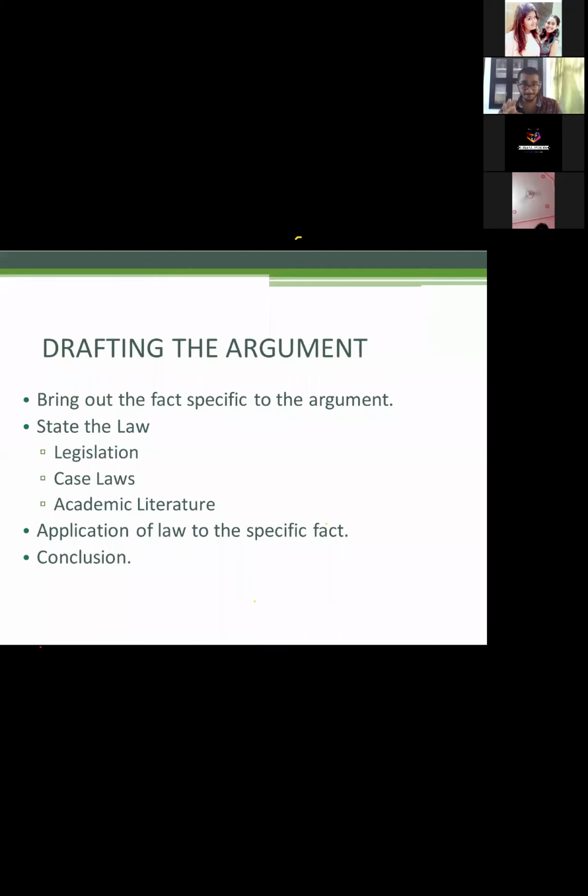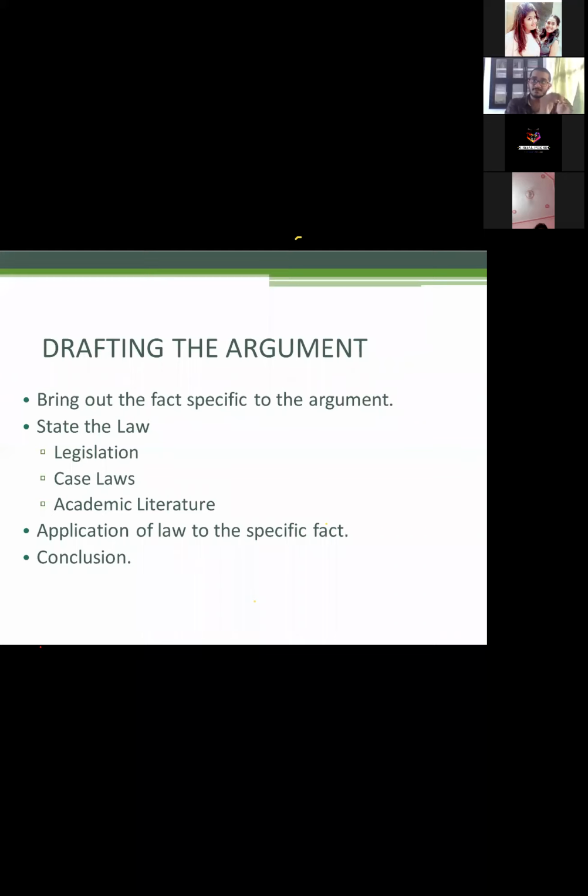And coming to drafting the argument, just like I said, all your arguments have to be very crisp. You might have a large number of case laws. You've done your research, you're continuing with your research, and you're finding that there are a large number of case laws dealing with this issue or the problem in hand. There is a lot of academic discussion going on. So you will have to be very crisp.